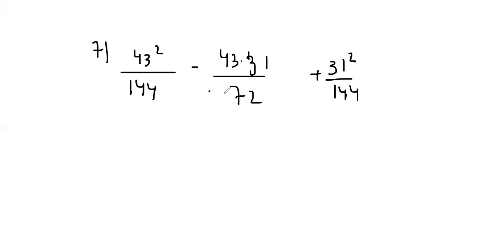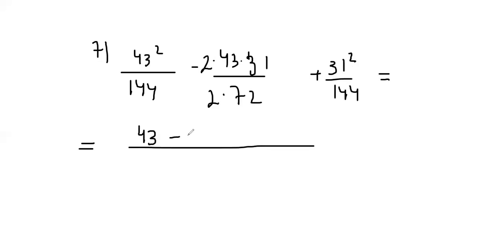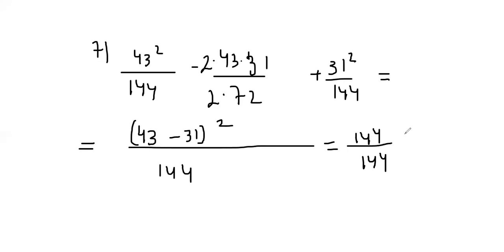If we write 2 times and 2 times, I suppose everything becomes clear. The numerator is a squared minus 2ab plus b squared, so it's 43 minus 31 squared divided by 144. 43 minus 31 is, of course, 12. 12 squared is 144, divided by 144. So it's going to be 100.